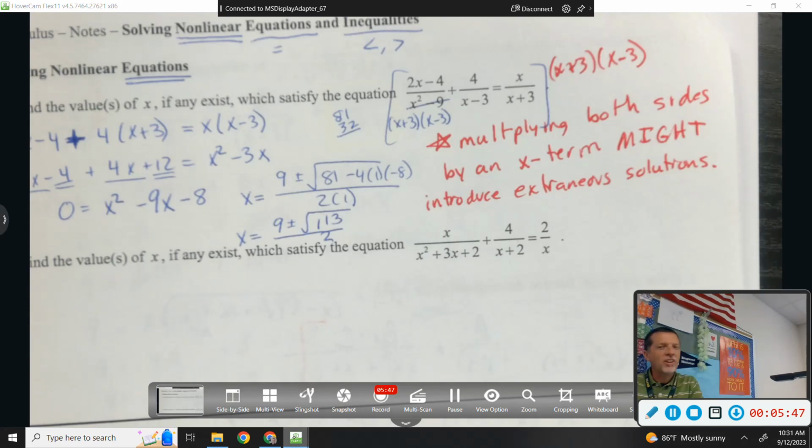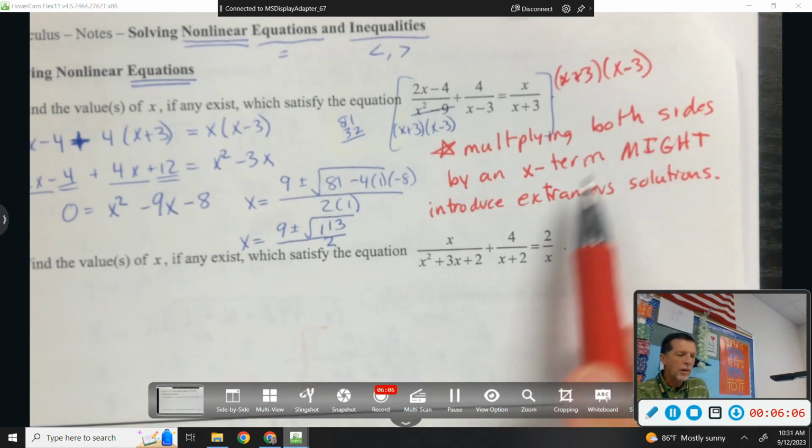Doesn't mean imaginary. Doesn't mean complex. Okay, that's like imaginary that doesn't hit the x-axis. Extraneous solutions are answers you get that you didn't do anything wrong and yet they don't work. Okay, so it's like a glitch in the system.